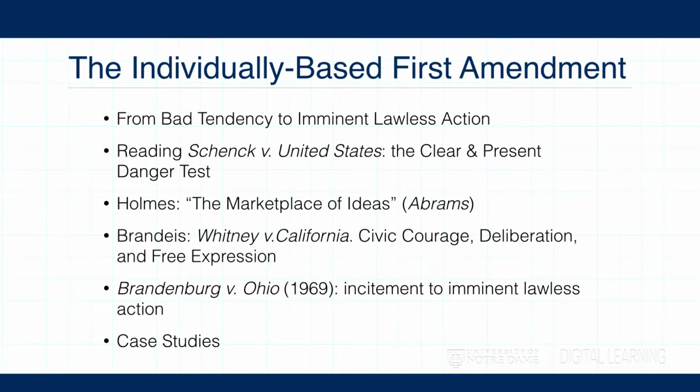It stretches then and is refined and is riffed upon and becomes a cultural touchstone in subsequent cases, including Abrams versus United States, Louis Brandeis's famous concurrence in Whitney versus California, and finally culminating in a revision of that individually centered First Amendment in the case Brandenburg versus Ohio in 1969, which narrows the state's ability to chill or suppress individual speech to a new test called the Brandenburg test, which requires incitement to imminent lawless action as the standard which justifies state intervention.